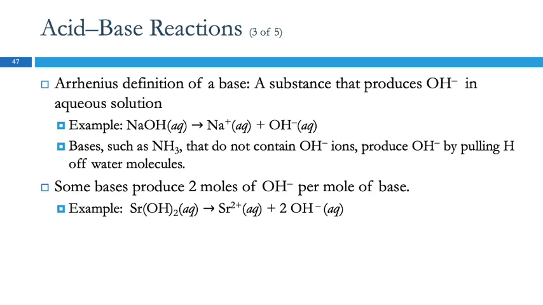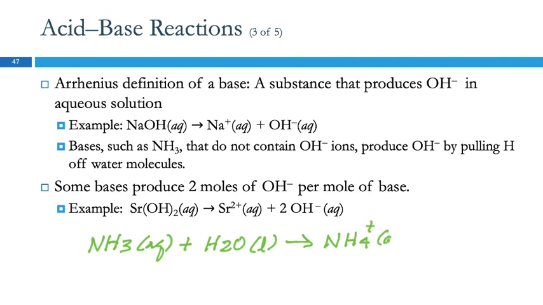There are other bases that do not contain hydroxide ions. The only one you need to be aware of is ammonia. So what happens with ammonia when you put ammonia into water is that it's going to take a hydrogen ion from a water molecule and become NH4+, ammonium ion, and then what's left is hydroxide ion.